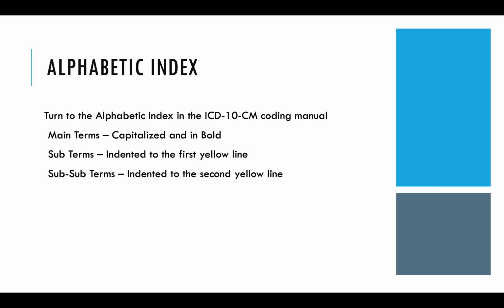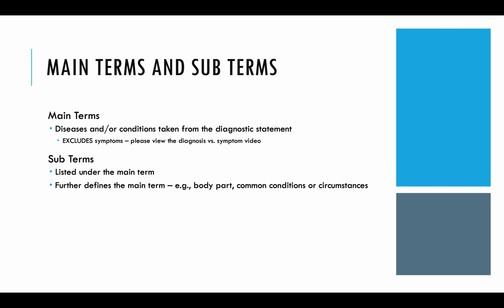You'll see these listed accordingly. The subterms are indented to the first yellow line. You should see 2 yellow lines for every column. So the subterms are indented to the first yellow line, and the sub-subterms are indented to the second yellow line. And we'll learn more about those and how those are useful.